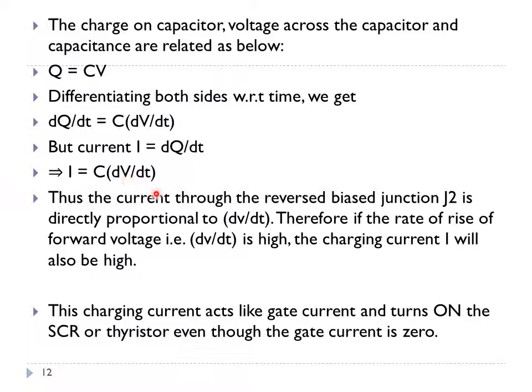The SCR can now be turned off by bringing its anode current below a certain value called the holding current. Once it is turned on, we cannot turn off the SCR by removing the gate pulse.